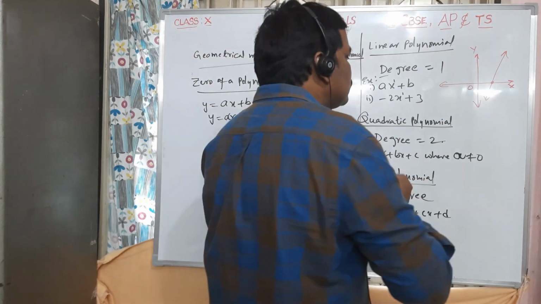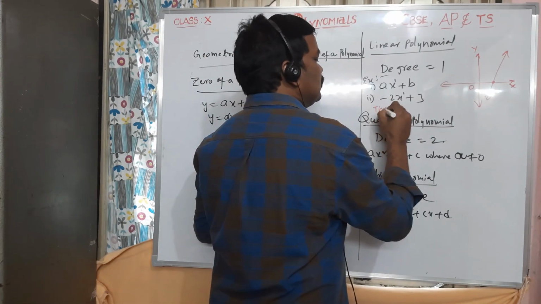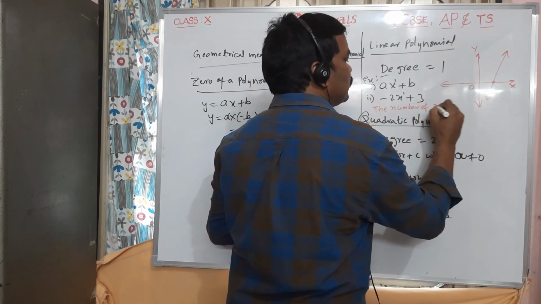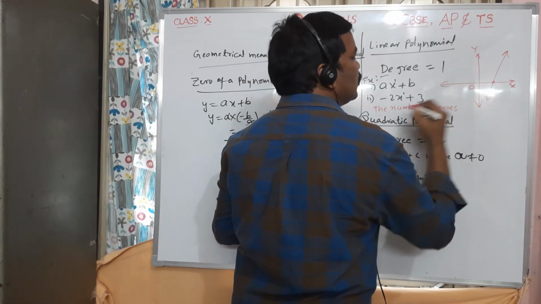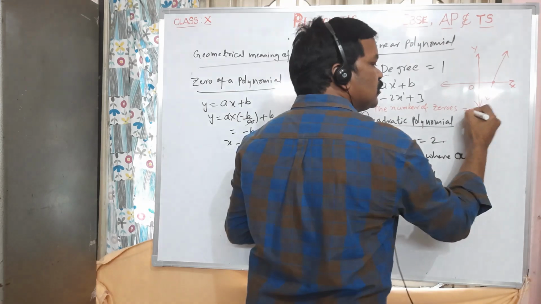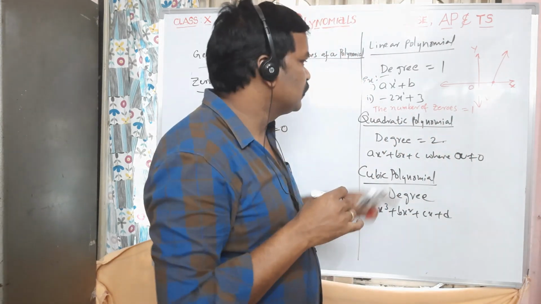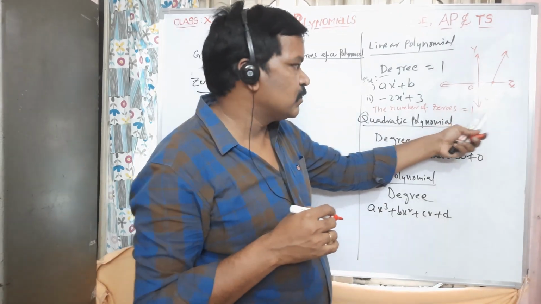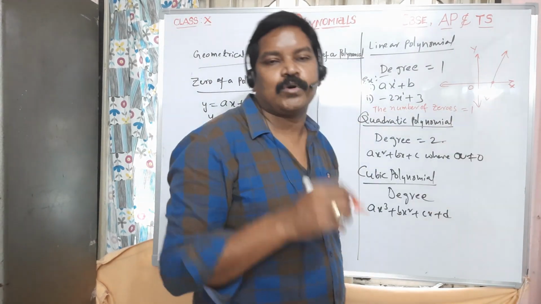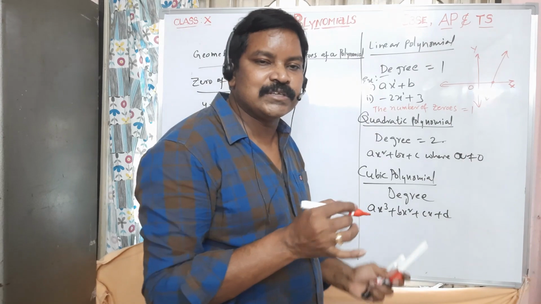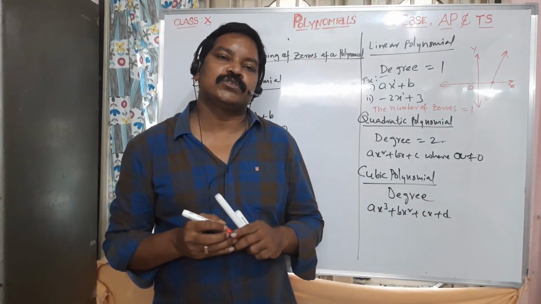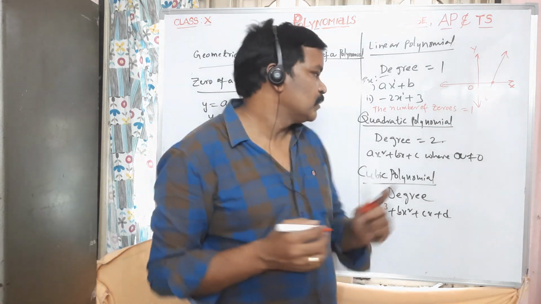The number of zeros of this linear polynomial is 1. Here the degree is 1 and the number of zeros is 1. That means there is a relation between the degree of a polynomial and the number of zeros.